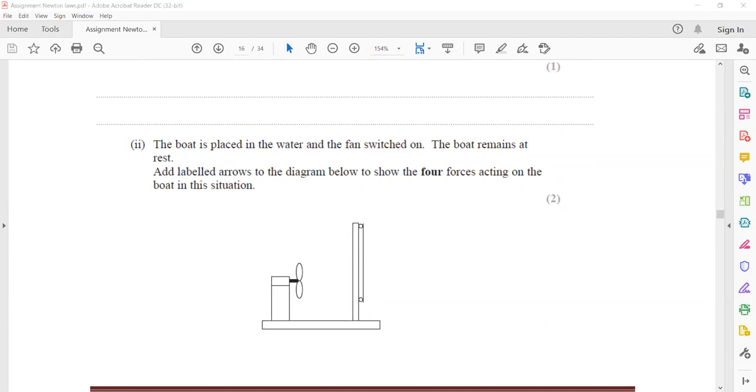Number one, there will be a weight which is acting downward, and because the object is on the surface of the water, the water will apply an upward force, and that is called the upthrust. So weight, and you should label them. Then there will be an upthrust, and equal length should be there because it is of the same magnitude.